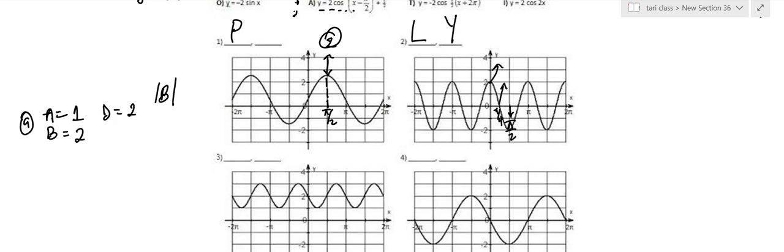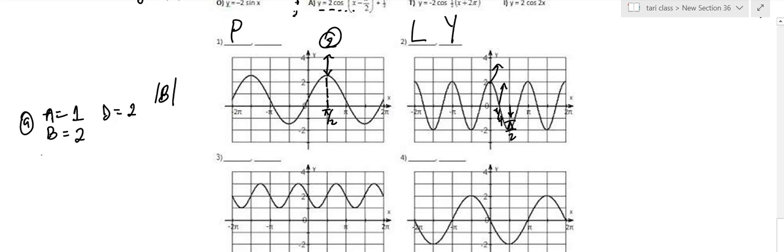I really love what you did in picking out the point, knowing this is supposed to be 3 pi over 4. That was exactly what I explained in 2: if this should cut here, it's the midpoint between this and this, so you have to find the midpoint between the two actual points.